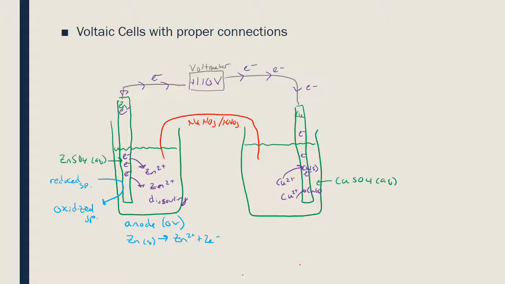Then, as those electrons move over to the cathode is where reduction occurs. Okay, so this is where copper ions are accepting those electrons zinc gave off to cause copper to precipitate out of solution. So here, the process, you have an oxidized species becoming a reduced species.